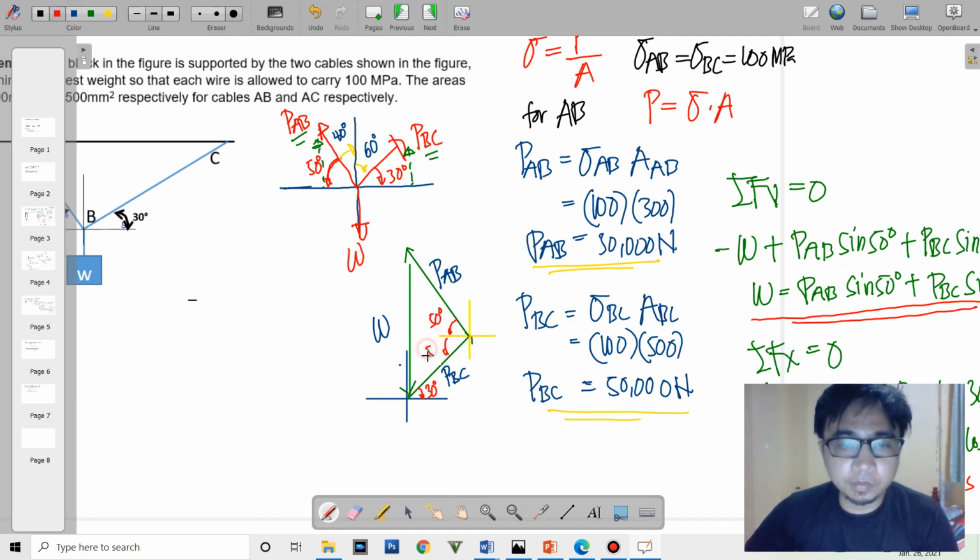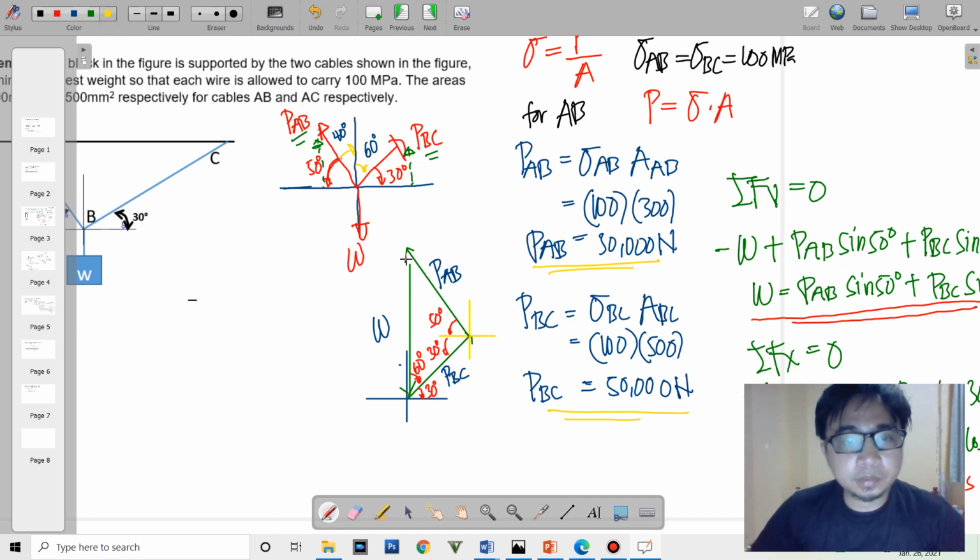See, this is 50 degrees. 30 degrees. Okay. And what is this angle? This is 60 degrees. Okay.